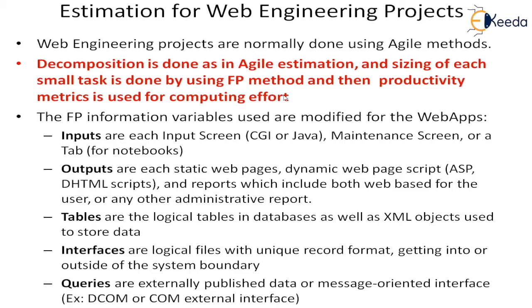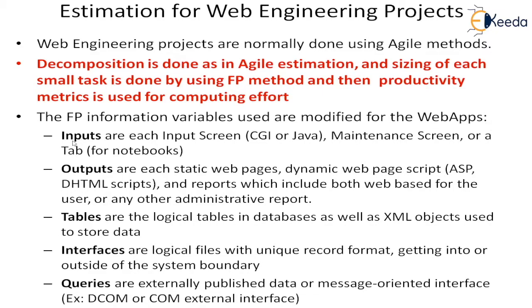Otherwise, if we are using the FP method, then we can also do the FP information variables. For a web engineering project, we can consider the whole project and decompose it into the information variables like we did in the function point. But the only difference will be that these information variables will be modified to suit the web application project characteristics.